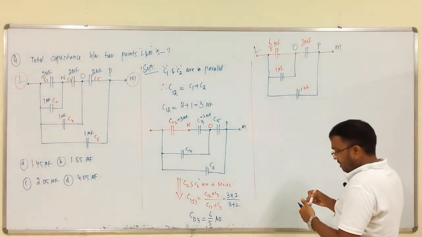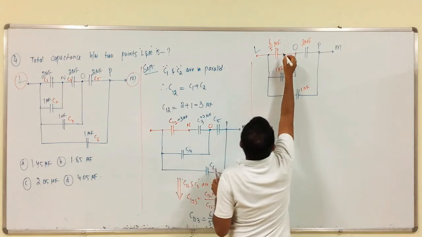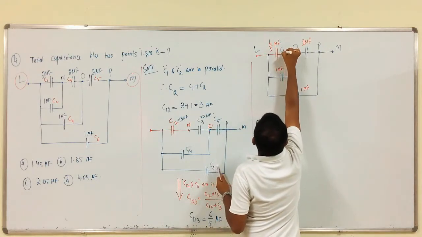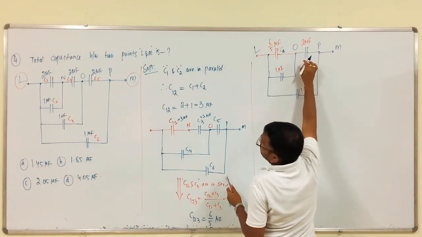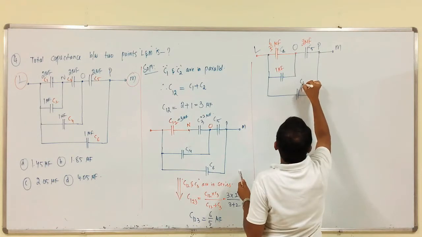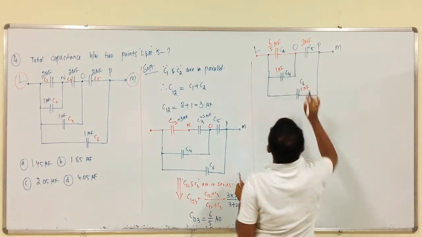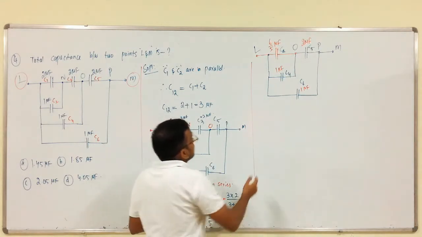Okay. Now, this is Ca. This is as it is, C5, and this is C6, this is C4. From this, Ca and C4 are in parallel.